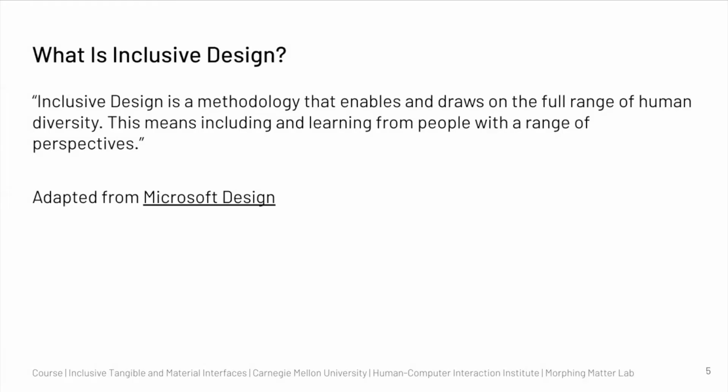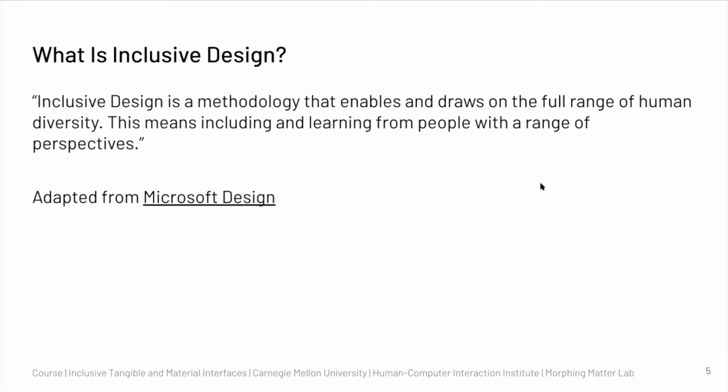So in terms of the definition of inclusive design, again, it's derived heavily from industry. For example, Microsoft has a very comprehensive website talking about inclusive design. It's a method that enables and draws on the full range of human diversity.